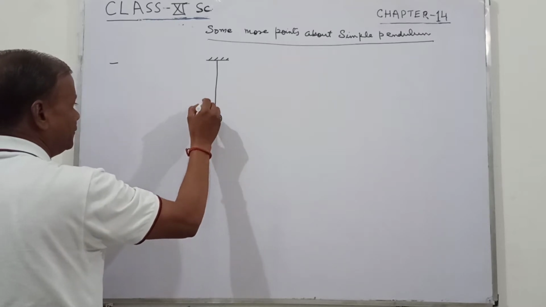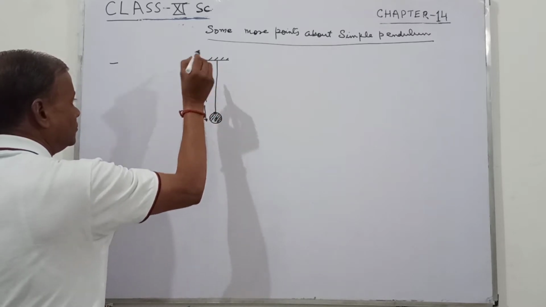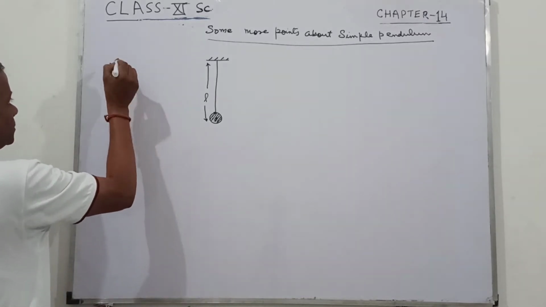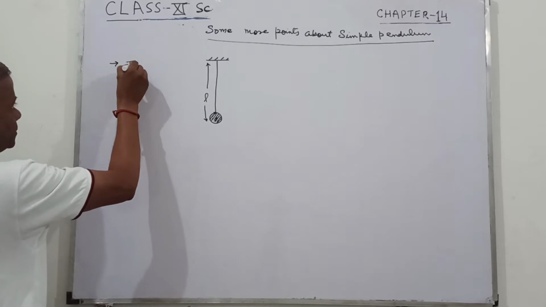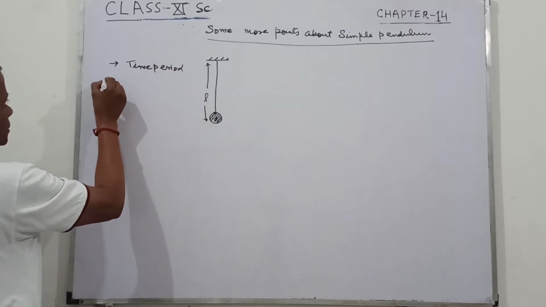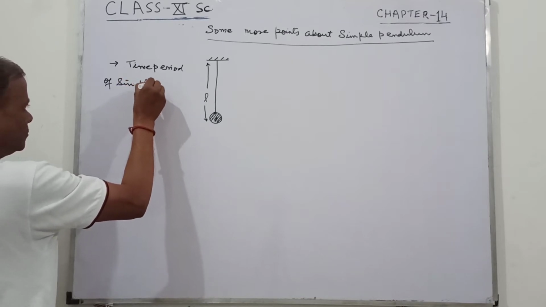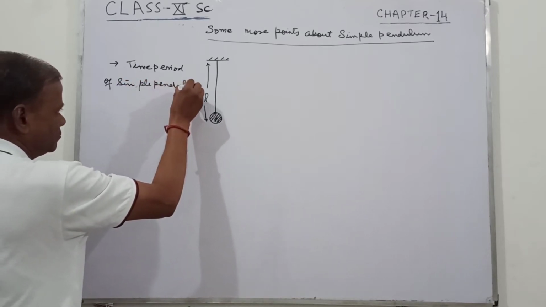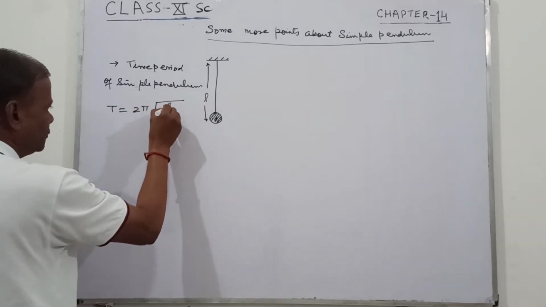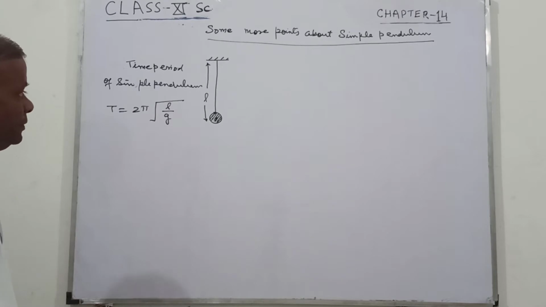This is the effective length. The time period of a simple pendulum is T equal to 2 pi square root of L upon G. This is the general way that we have this.